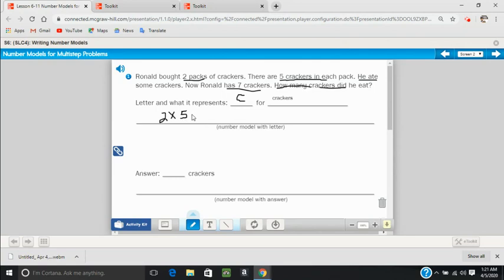Minus C, which is the crackers that he ate, would equal 7, because that's how many he had left over. So let's use our start, change, finish here to figure it out.